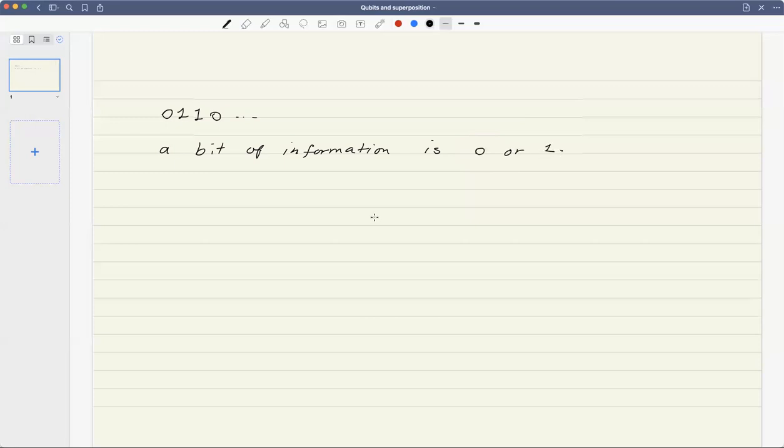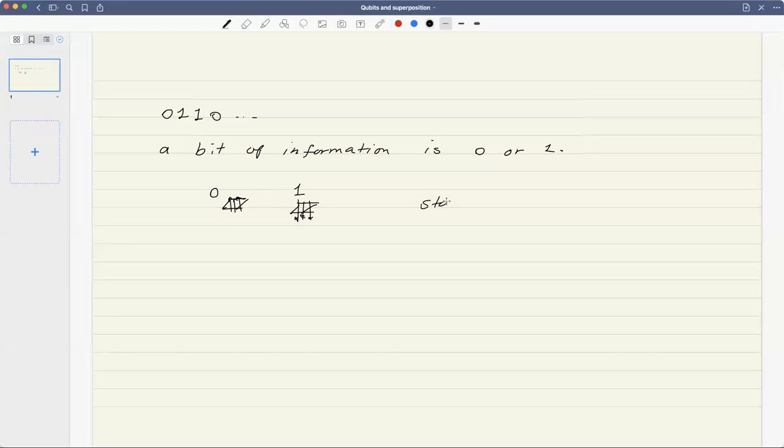Now, if you think about maybe physically storing that information, so for example, a magnetic hard drive, then there are sectors on this hard drive, and maybe in one sector, you have a net magnetization that's positive, and a different sector, you have a net magnetization that's negative. So one would assign maybe a 0 to this and a 1 to that. So then there's a one-to-one correspondence between some physical system in some state.